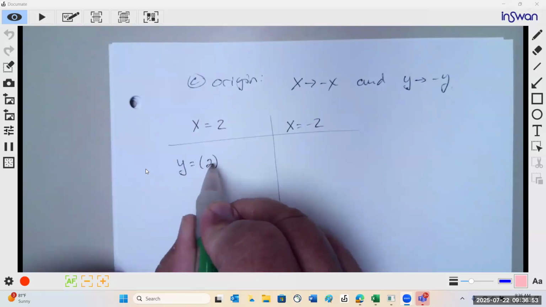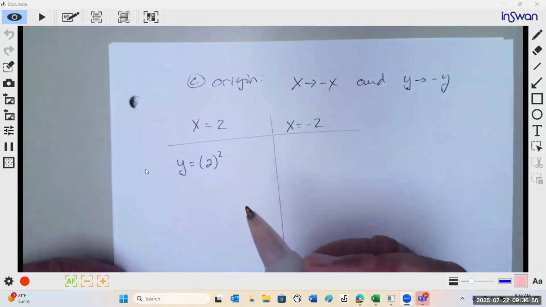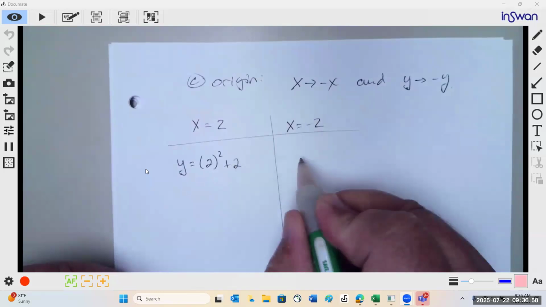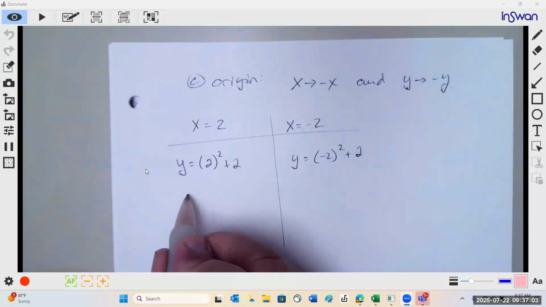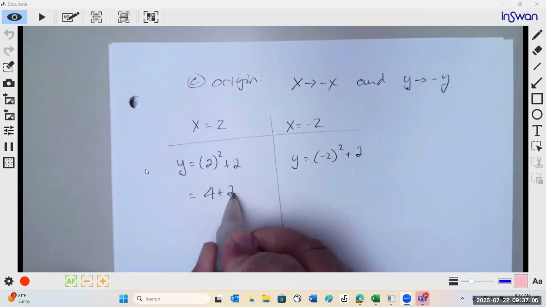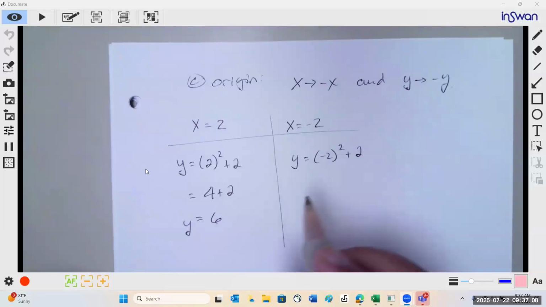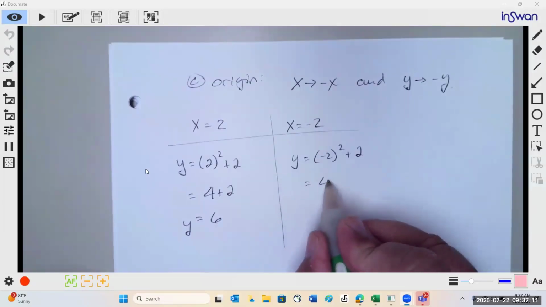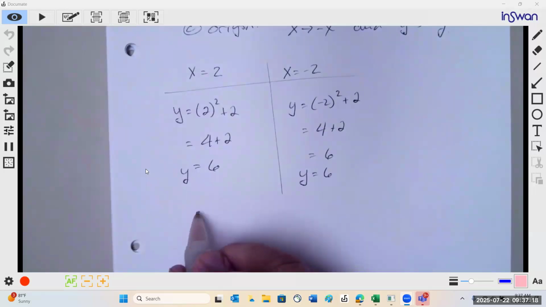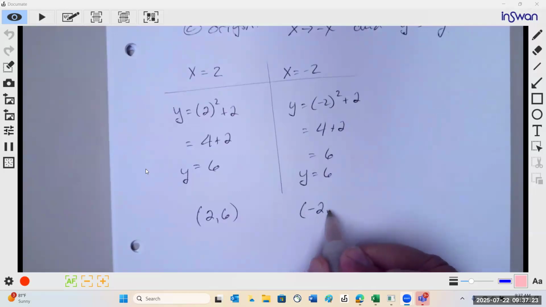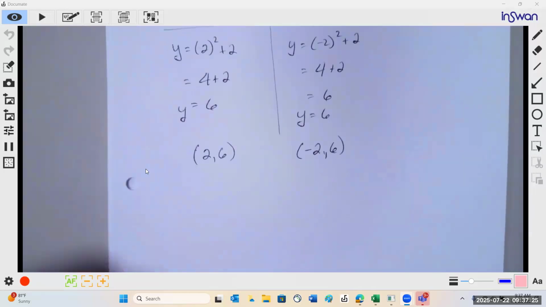So y is 2 squared plus 2. y equals -2 squared plus 2. So is it symmetric about the origin?